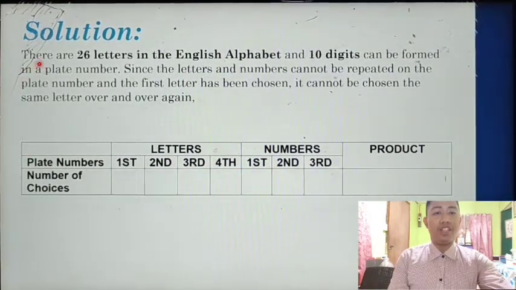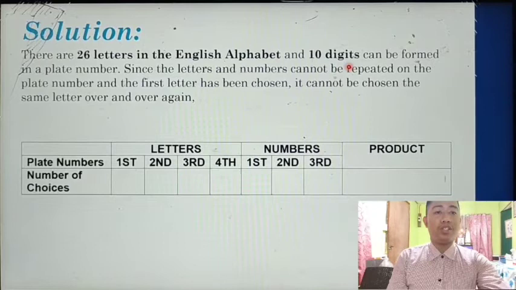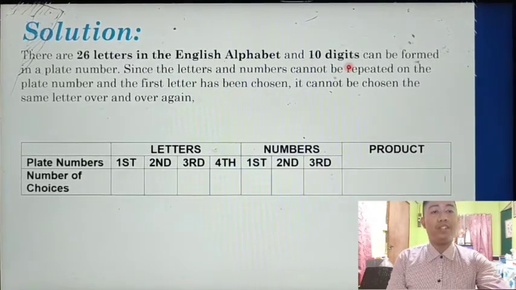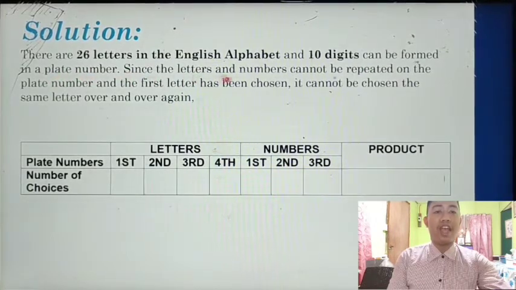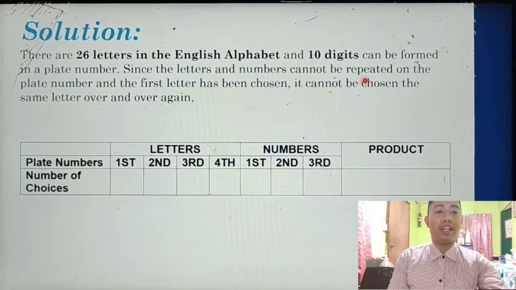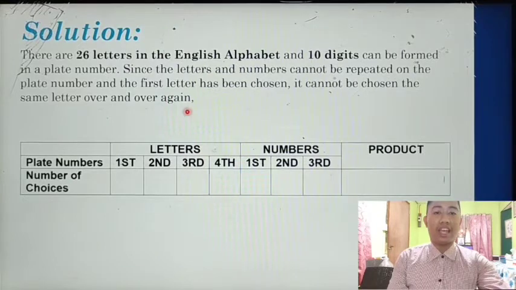So my dear students, there are 26 letters in the English alphabet that we are using, from A to Z, and 10 digits that can be used, from 0 to 9, in forming the plate number. Since the letters and numbers cannot be repeated in the given plate number, once the first letter has been chosen, the same letter cannot be chosen over and over again.